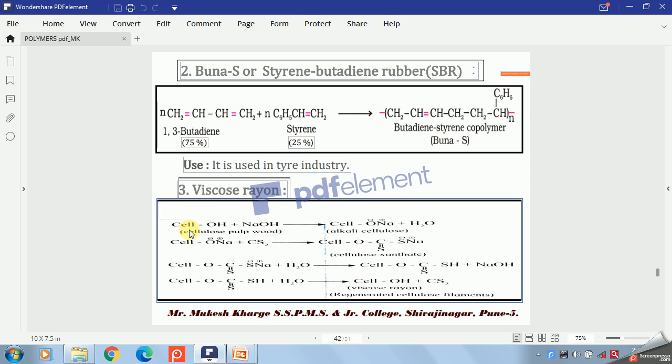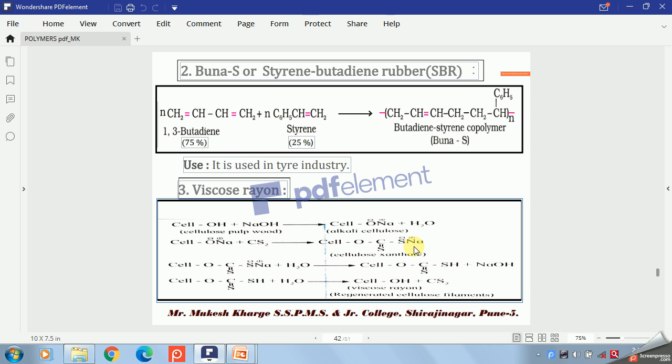This cellulose in the form of wood pulp is treated with NaOH to get a fluffy alkali cellulose, Cell-O⁻Na⁺, plus water. Then this fluffy alkali cellulose is converted to xanthate by treatment with CS2, that is carbon disulfide. So we get cellulose xanthate, Cell-O-C(=S)-S⁻Na⁺.